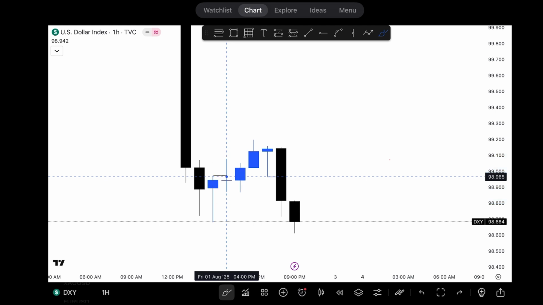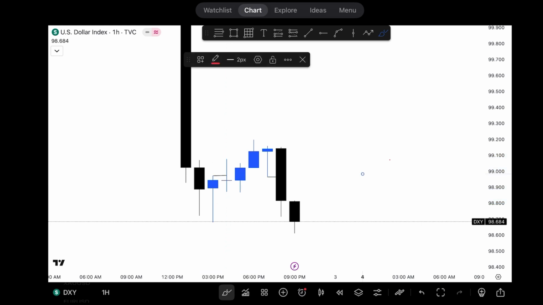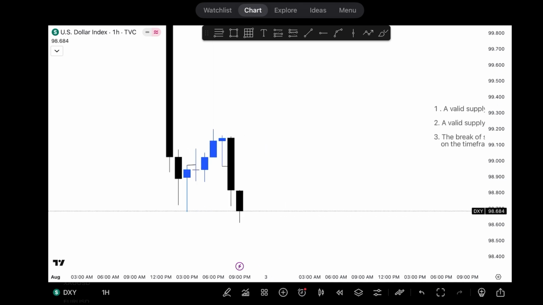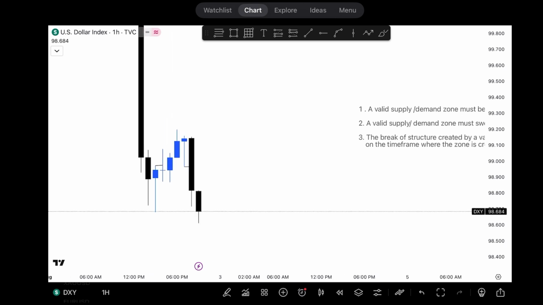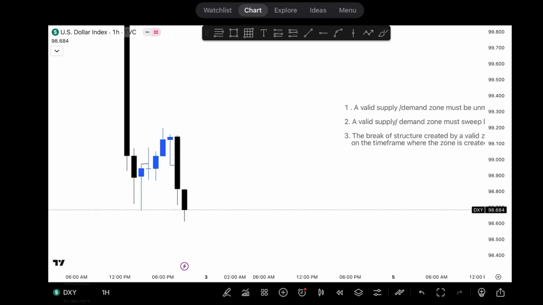So for us to identify that, okay, fine, this zone is strong, you have to see a strong body closure above that zone. If it is weak, there is every probability price is still indecisive.